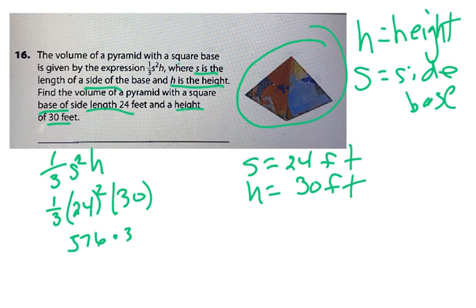Then I'm going to bring down my times 30 and my times 1/3. Okay? So then I'm going to take 576 and I'm going to multiply it by 30. Okay, so then I have 1/3 times 17,280. Now, I haven't taught my class how to do fractions on the calculator.